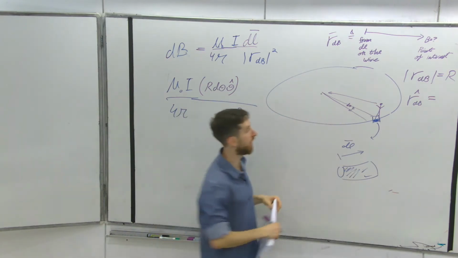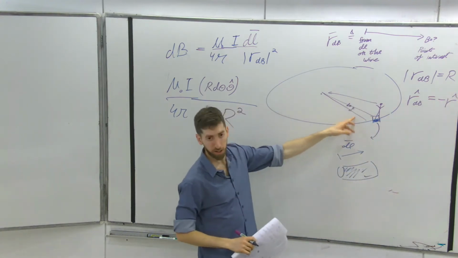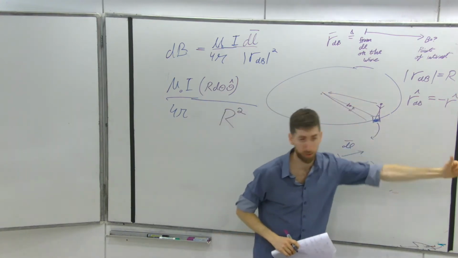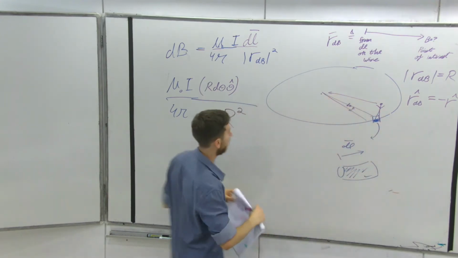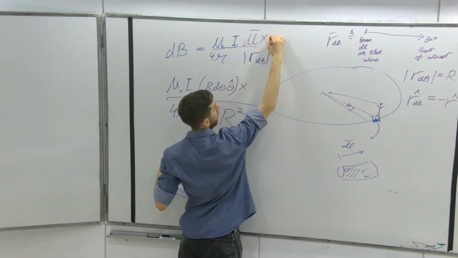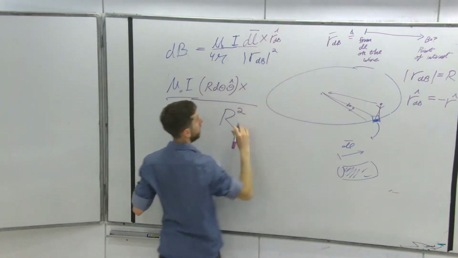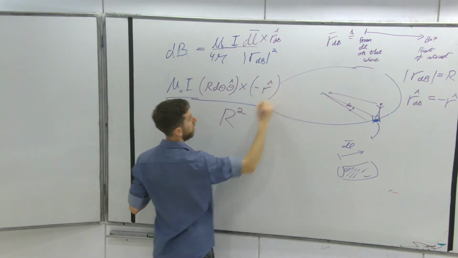Minus the radial, exactly, good. The radial points outward, but we want to go inside, since we are interested in the center. So here I'm gonna do cross r_dB hat, which in our case is minus R hat.